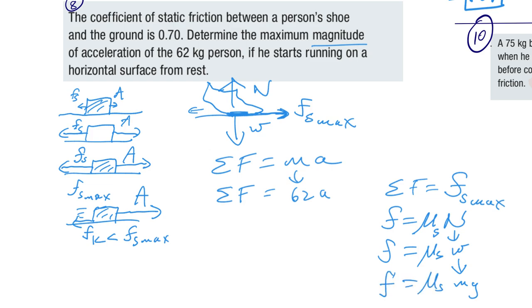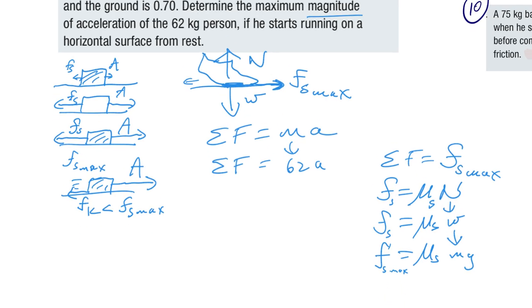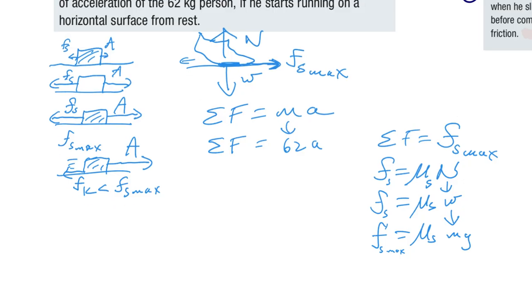So the maximum static friction is equal to the coefficient of friction, which was given in the problem, 0.7, times the mass of the guy, 62, times 10. So that is equal to the net force, because the weight and the normal force balance and cancel out.